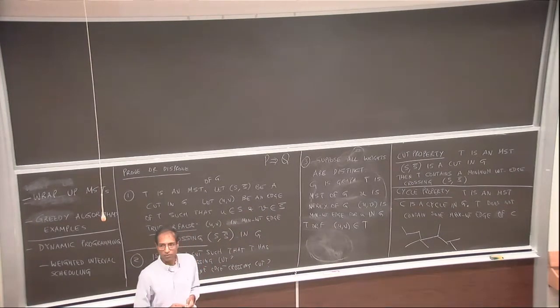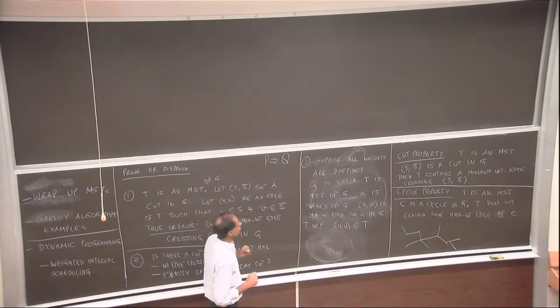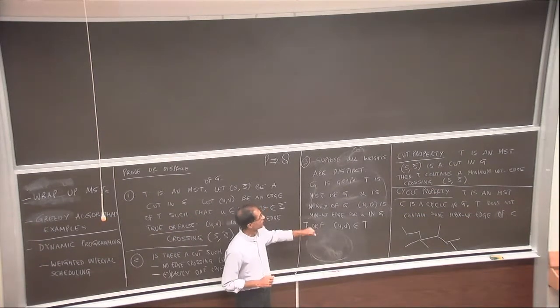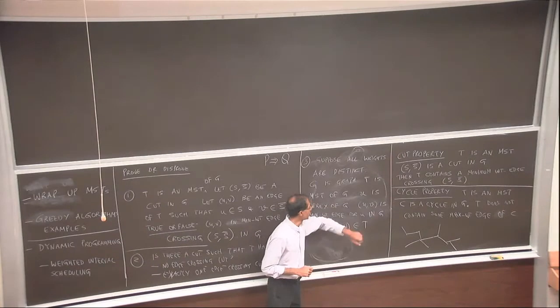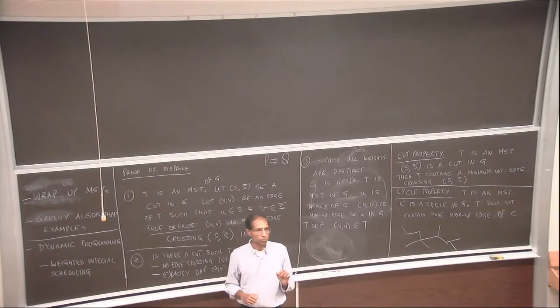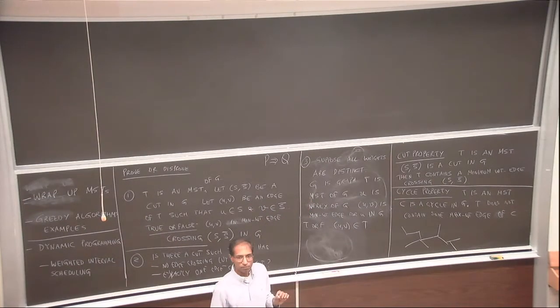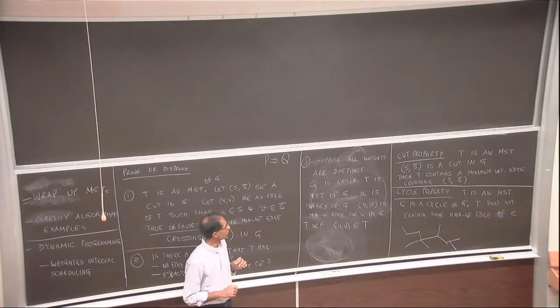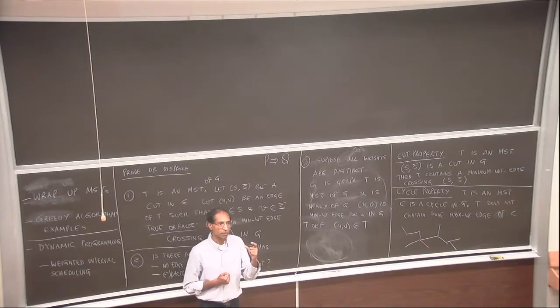Again, is the statement clear? I give you a graph, any graph, it has weights and edges. I also give you a minimum spanning tree. T is any minimum spanning tree of G. U is any vertex of G, and UV, this edge, is the minimum weight edge for U in G. Prove or disprove that this edge had better be in the MST.